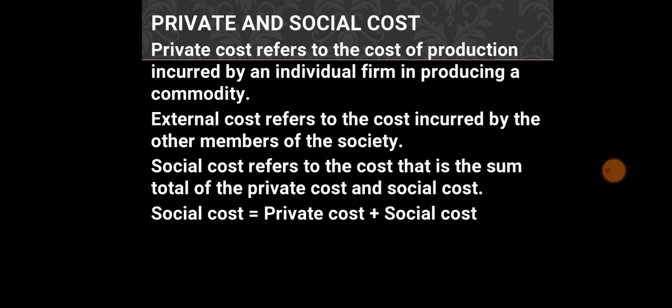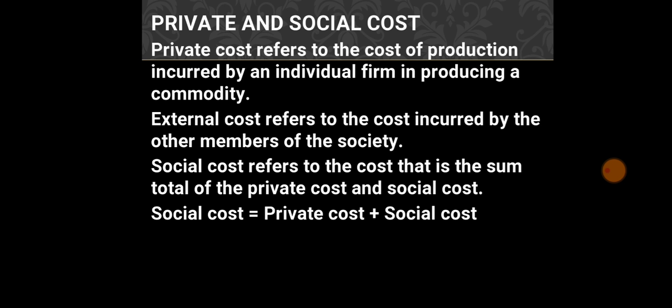Suppose I am the owner of a factory and that factory produces chemical fertilizers, and because I am producing the chemical fertilizers, there will be some pollution generated in my surroundings. Suppose there is water pollution generated because of the production of chemical fertilizers, and because of this water pollution, the people living near the factory get sick.